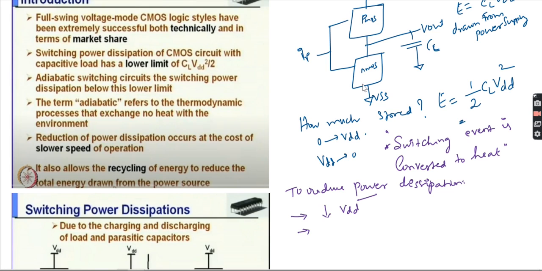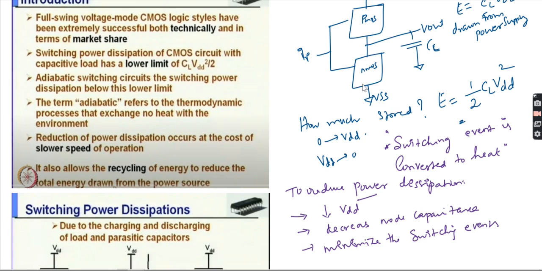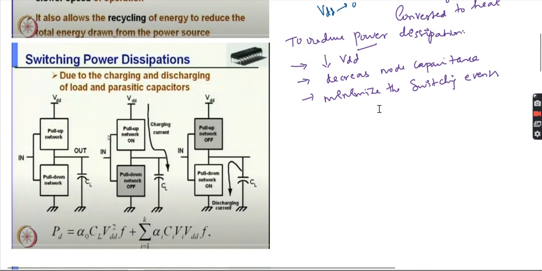Then they can decrease the node capacitance, or minimize the switching events. These are the things we studied in the previous topics.